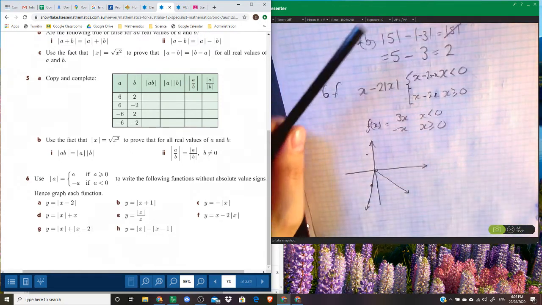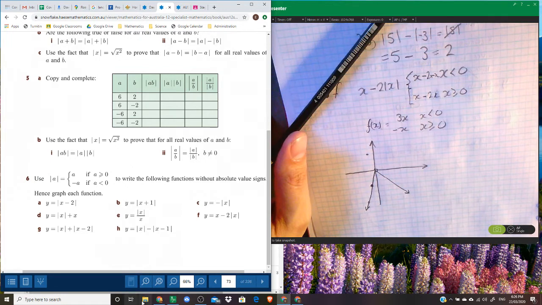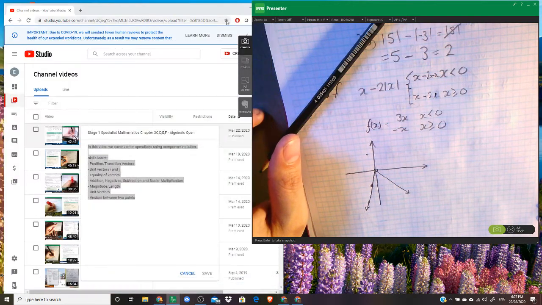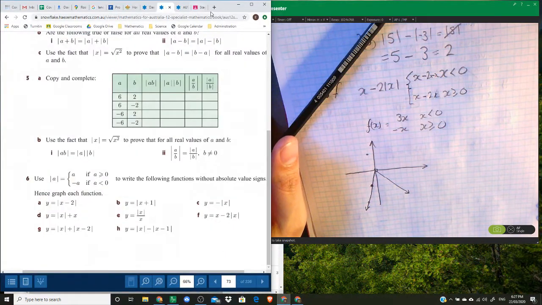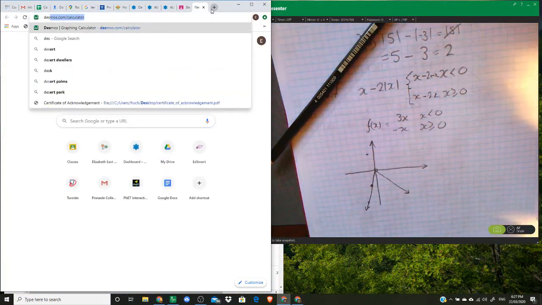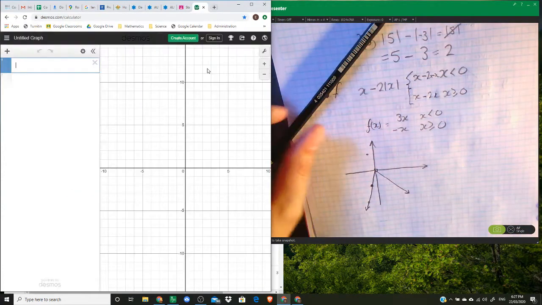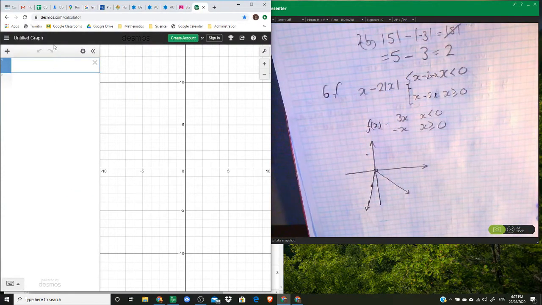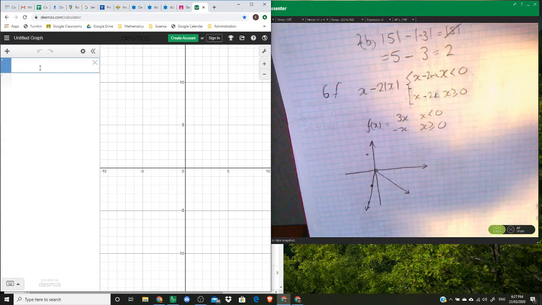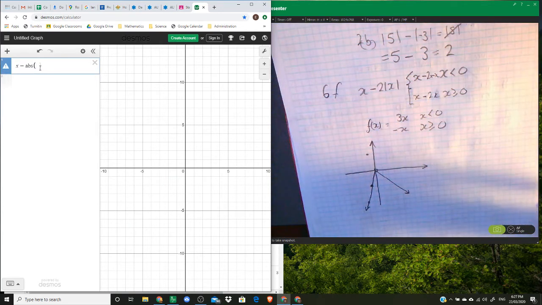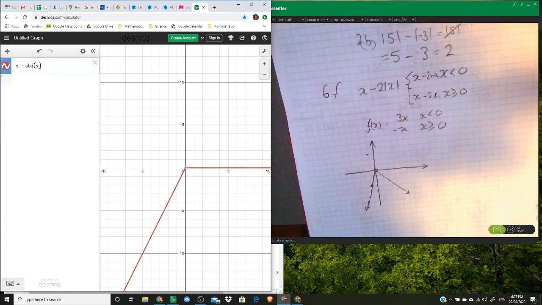Let's double check if we've got that correct. You can use the graphics calculator, but for the sake of expediency, let's have a look. Let's go to decimals. And you're welcome to, while you're learning these, fire up something like Desmos or use your graphics calculator and see if you've got this correct. So if I did x minus 2, and in Desmos you can type ABS acting on x, and I forgot the 2.